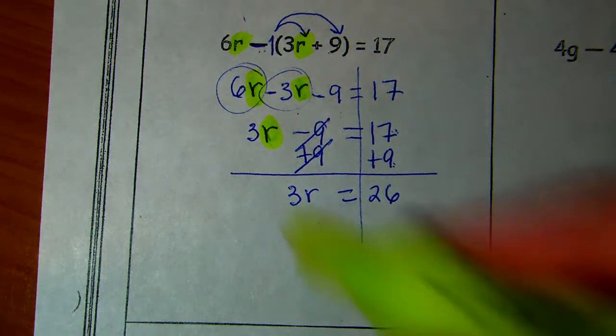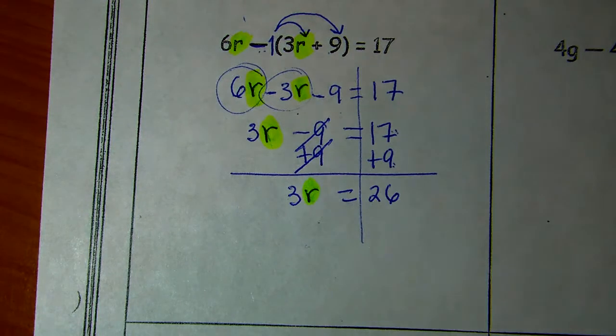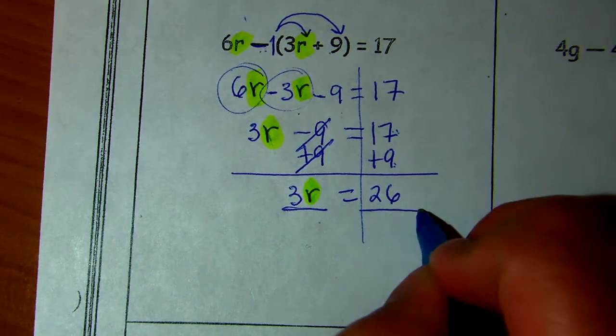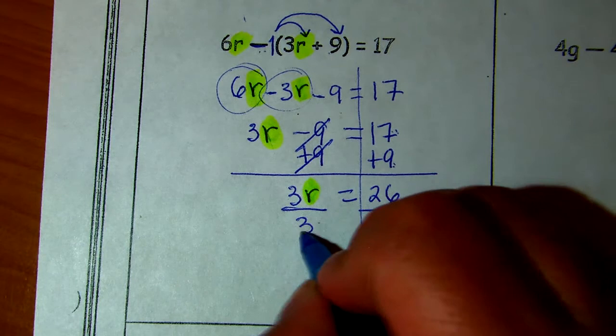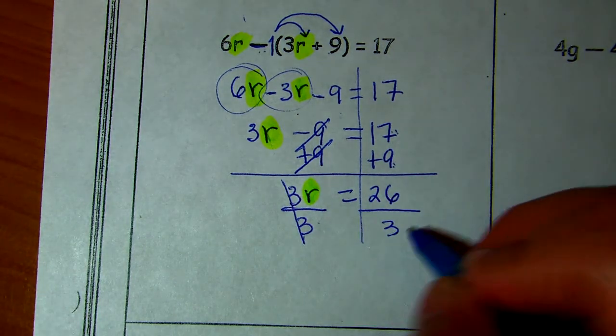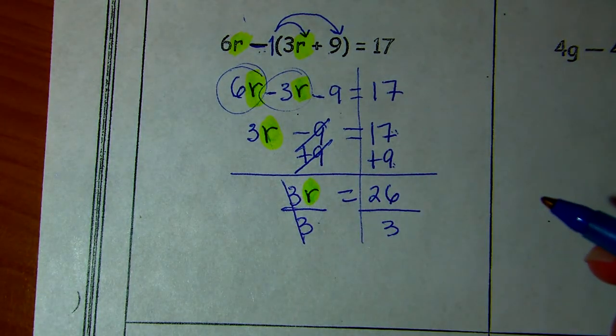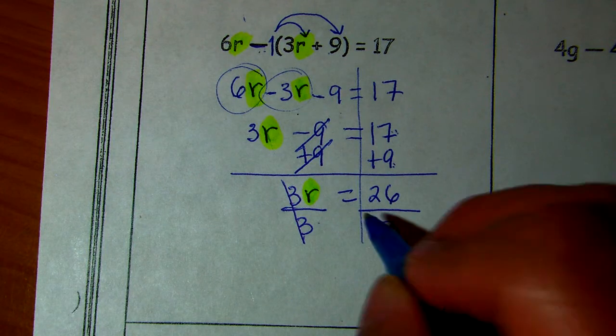And then what do we do to leave the R by itself? What was the first skill that we learned? Divide by 3. So divide. Did we do this right? Yes.